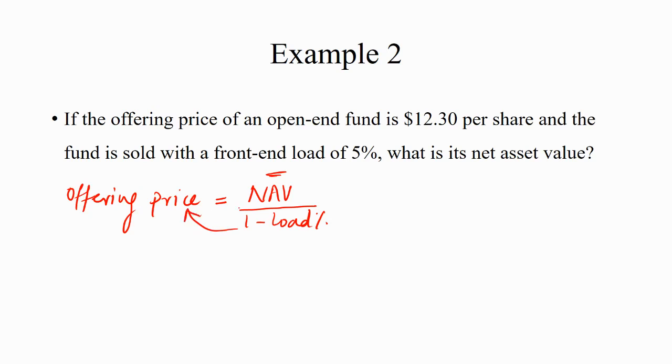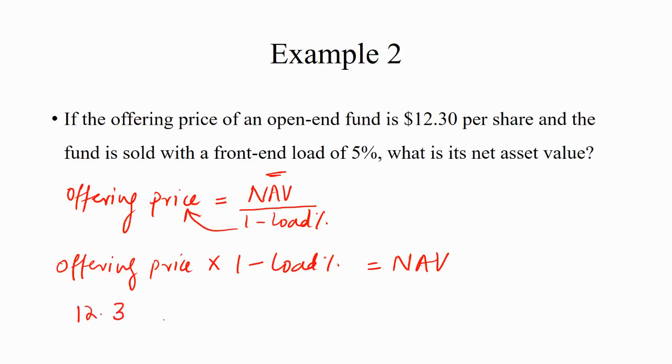So let's cross multiply. Offering price multiplied by 1 minus load percentage equals net asset value. Putting in the values, 12.3 as our offering price multiplied by, if 5% is the front end load, 1 minus load percentage should be the remaining percentage, which is 0.95, and this gives us a value of $11.685.